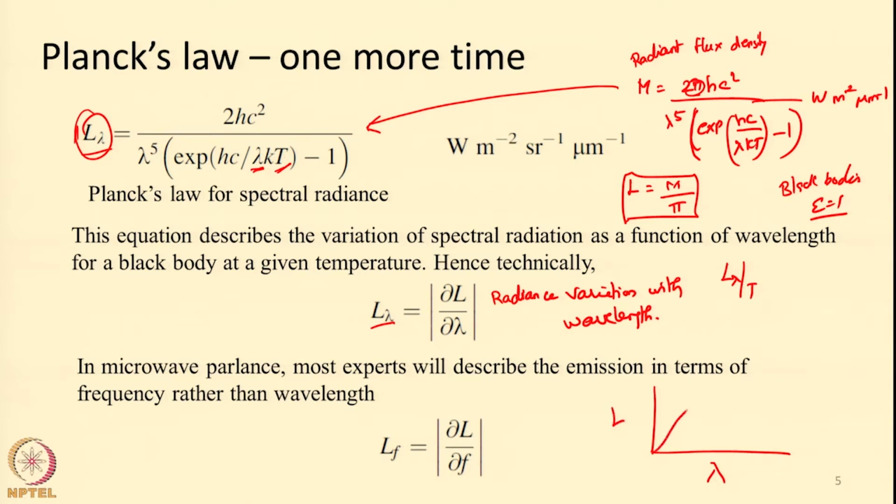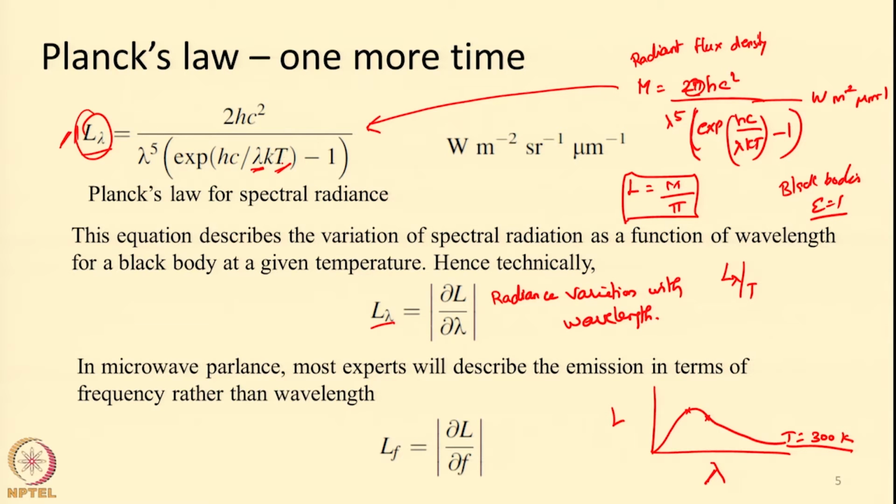Some sort of curve like this we will draw, say for T equal to 300 Kelvin. So, if we fix the temperature of an object, the equation given here will tell us at which wavelength what will be the radiance. Essentially, it tells us the variation in radiance with respect to wavelength for a black body at a given temperature T.